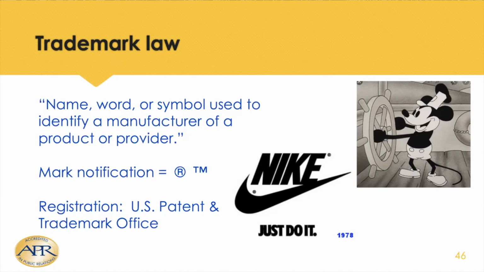Trademarks are registered through the US Patent and Trademark Office. If you actually register your trademark, that's when you put the R symbol on it, the R for registered. If it says TM, it means the organization is claiming a trademark, but it hasn't been registered. So that's the difference between the two.